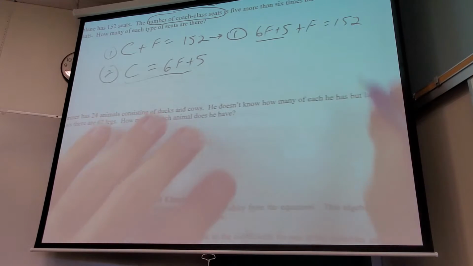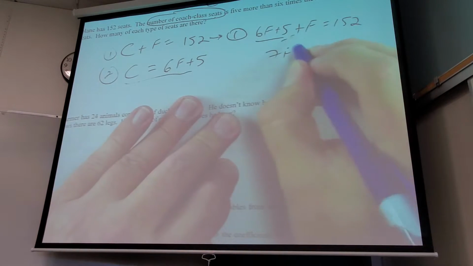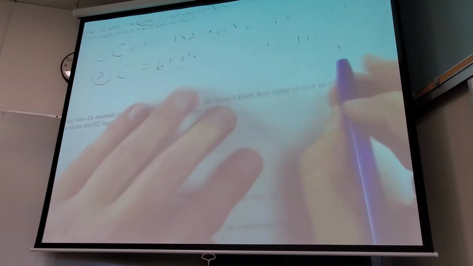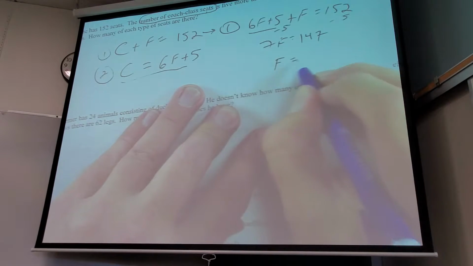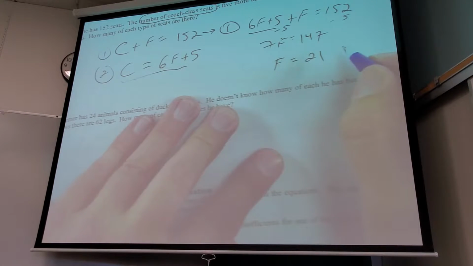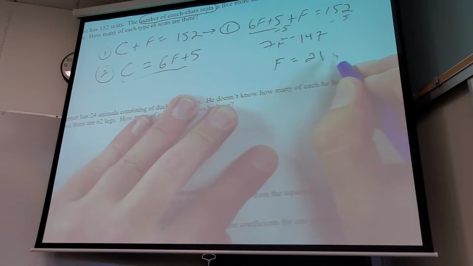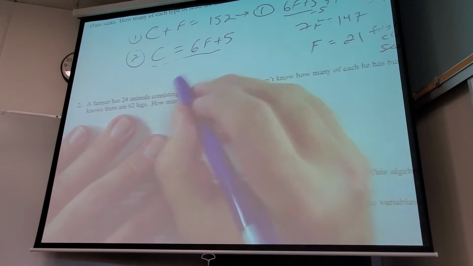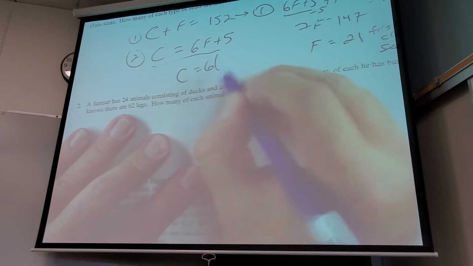What are your questions? 7F, subtract 5, right? Yeah. That's 147. 21. Thankfully, F goes into that. Good. 21 what? Seats. What kind of seats? First class seats, which means how many coach seats? 131?